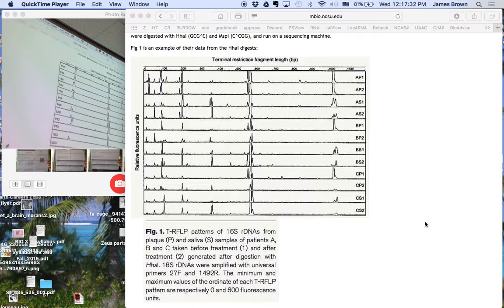You could scan those in, measure similarity and difference, and create a tree or some other measure of similarity to quantitate how much difference there is before and after. Is that satisfying? Maybe a little, right? Wouldn't you like to know who's there?